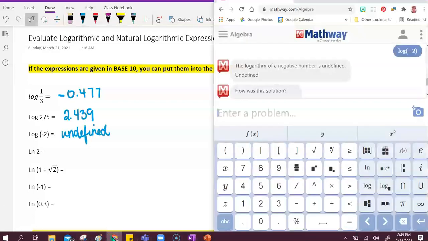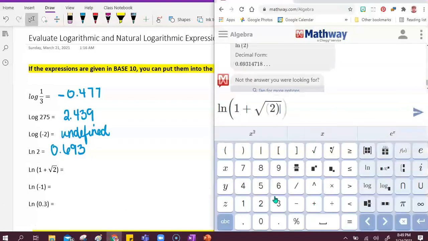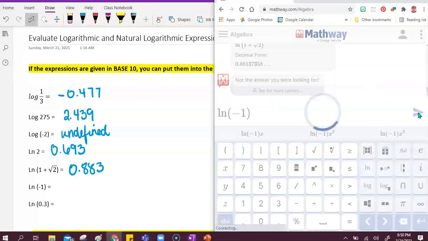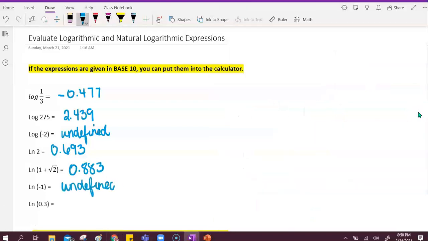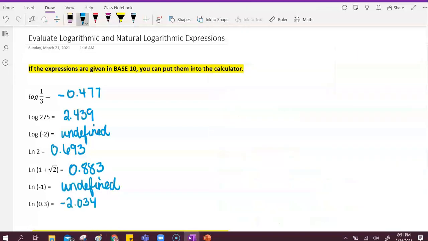Let's do some natural logs. Very good. So as long as they are written in base 10, all you have to do is put them in the calculator.